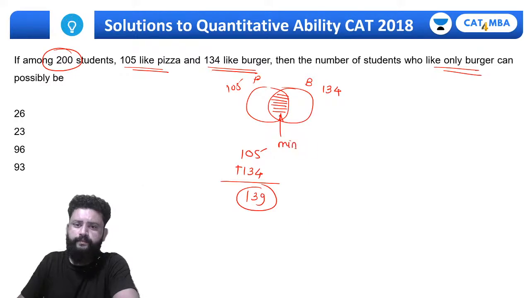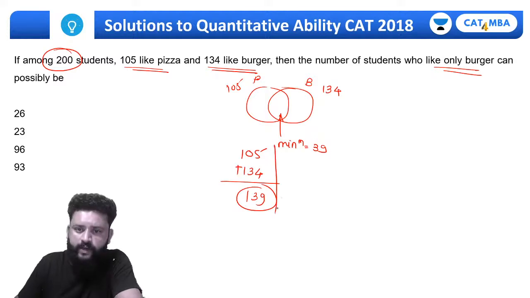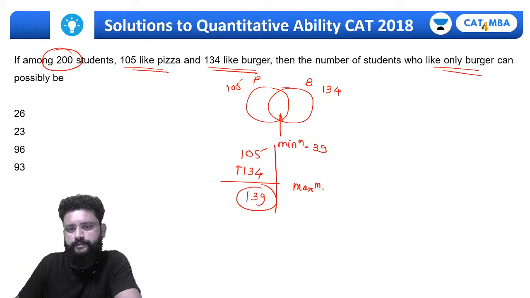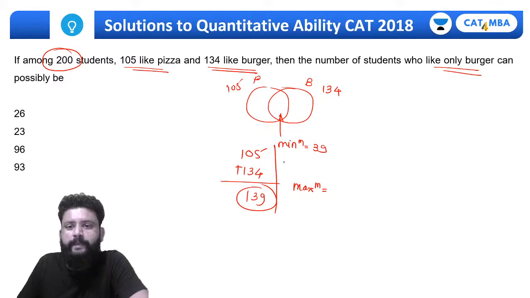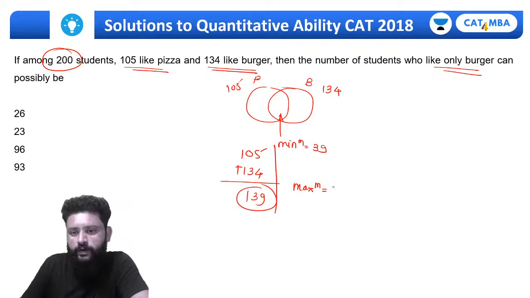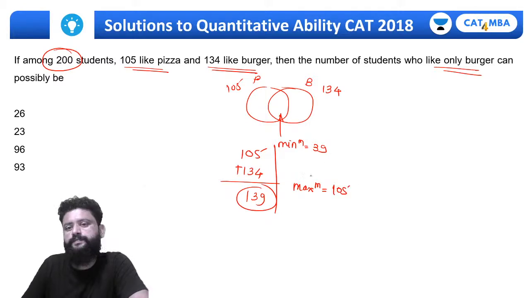minimum should be 39. And what can be the maximum common? Maximum common हो सकता है 105.